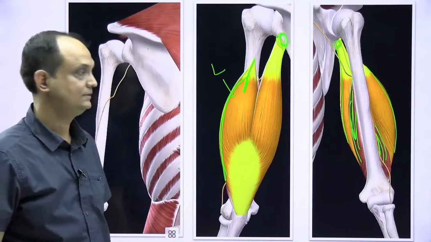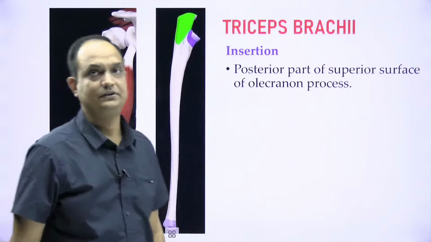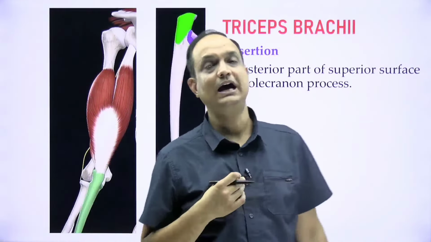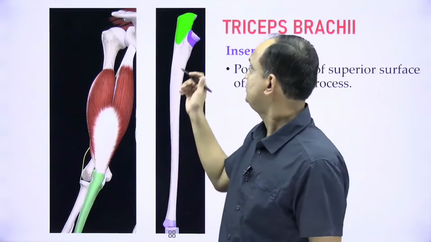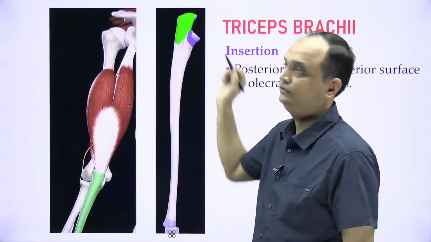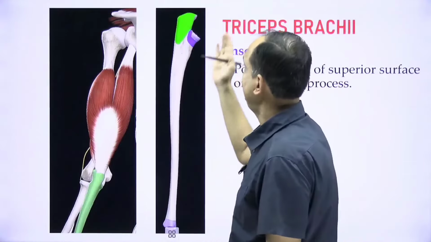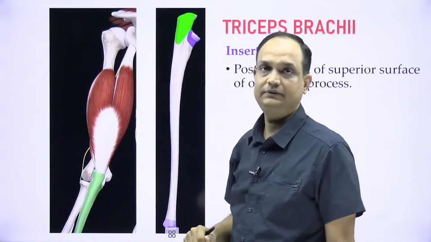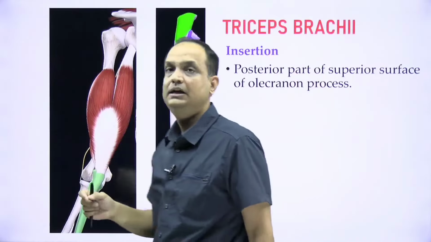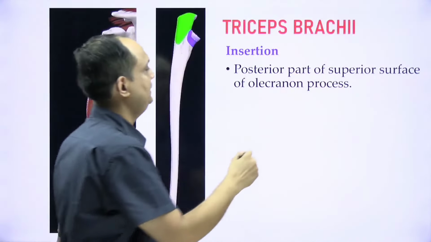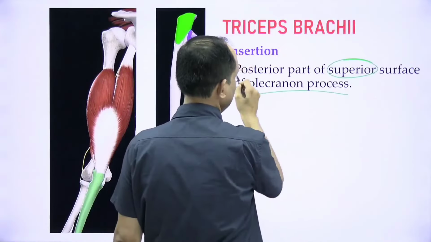Now, what is the insertion? Again, when you are reading the insertion, you should have an idea about the olecranon process of the ulna. This projection is known as the olecranon process of the ulna, which has a ventral or anterior surface, a dorsal surface, and a superior surface. This muscle inserts on the superior surface of the olecranon process.